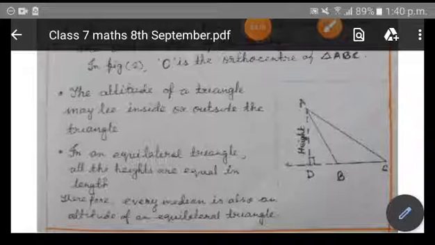Therefore every median is also an altitude for an equilateral triangle. Whatever median is drawn in an equilateral triangle will actually be its altitude, because it will make a 90-degree angle with its opposite base, right?